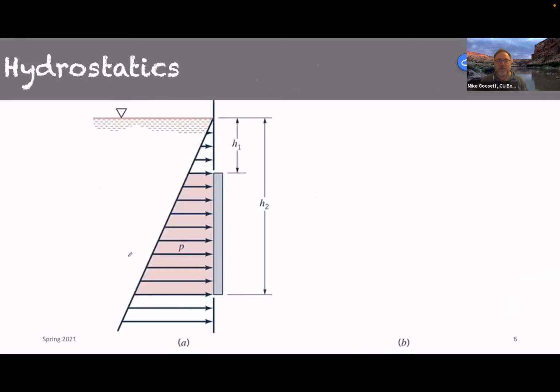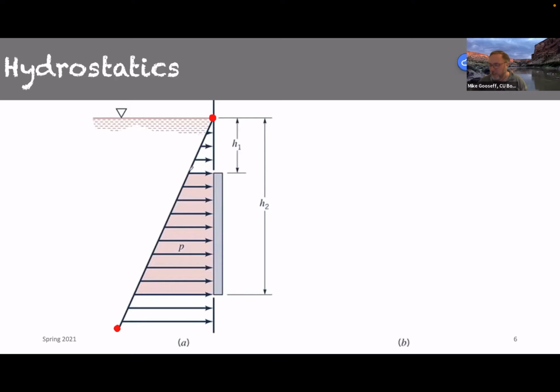Now we took this one step further and talked about a simplifying assumption for rectangular areas, when we have pressure on rectangular areas, and we started to use pressure prisms. So here's a pressure prism on the left, pardon me. You can see that we start at zero pressure here at the surface, and we have the highest pressure down at the deepest point here.